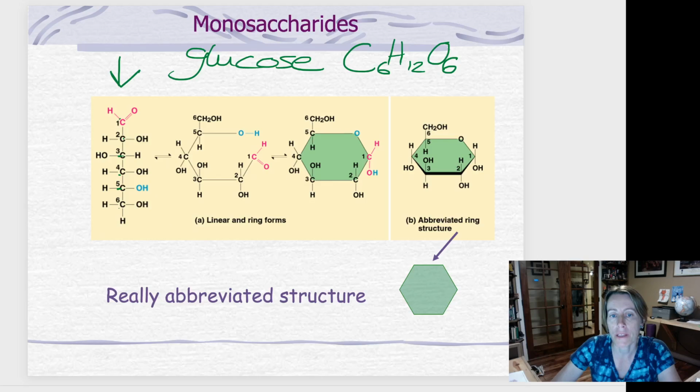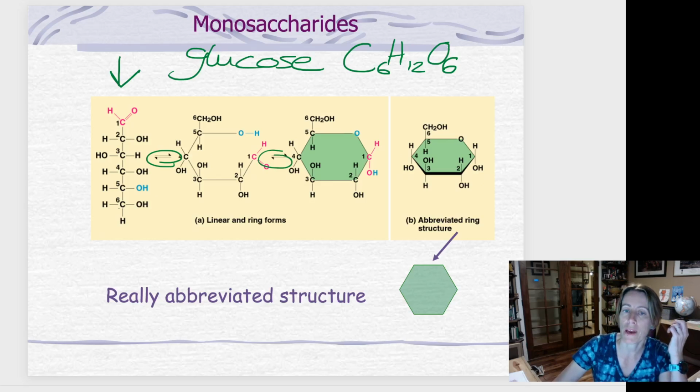But when it's dissolved in water, this molecule can actually circularize itself. This back and forth arrow shows that the molecule bends around on itself and connects to itself and makes a ring. There's not many molecules that can do this. It's a funky, unique thing that glucose can do.